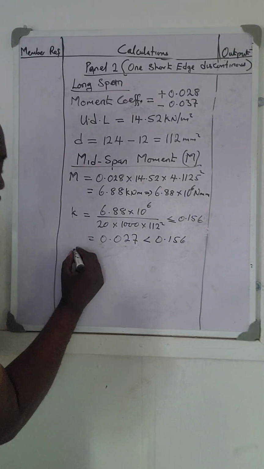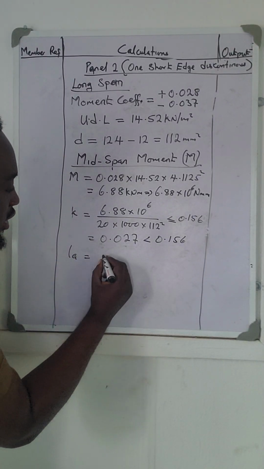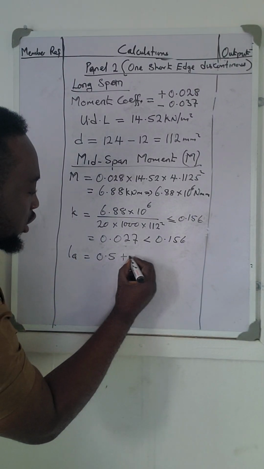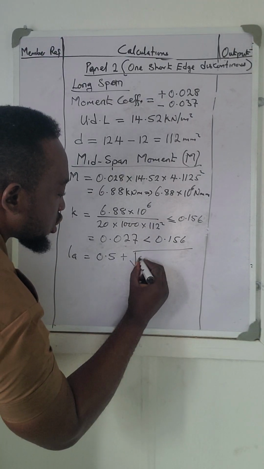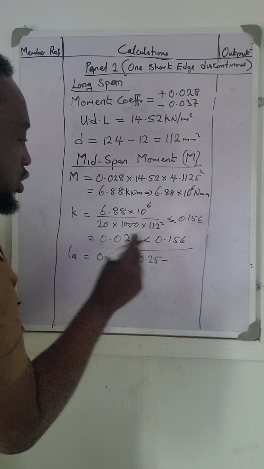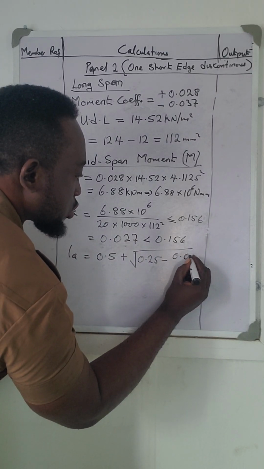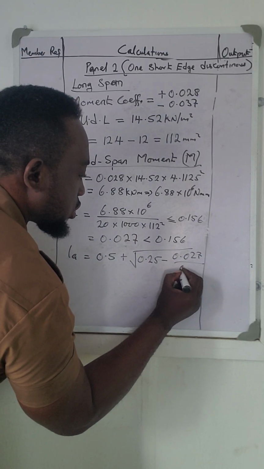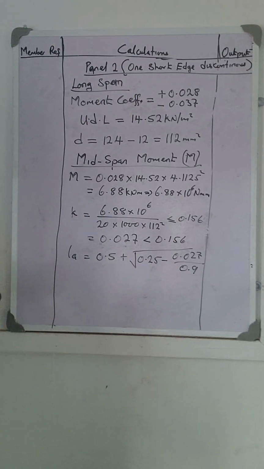So we now calculate for LA. LA is equal to 0.5 plus square root of 0.25 minus K, 0.027 over 0.9. All right.